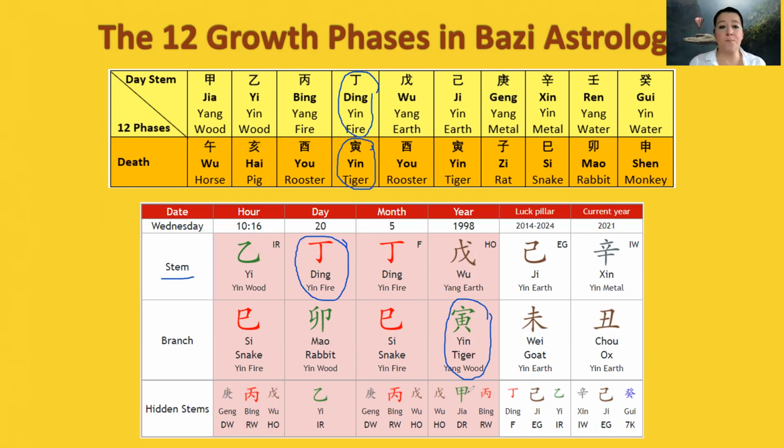Now, what does this mean? It depends very much on where this death phase appears. If it appears in the year pillar, as for this particular person here, then it indicates that you may have troubled relationships with your close relatives, and that you have to work extra hard on having harmony within your family relationships, within your relatives. If you don't do anything about it, then at some point you probably will have a big rift within your family.